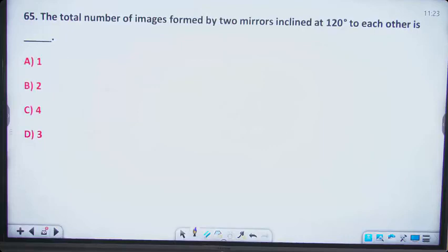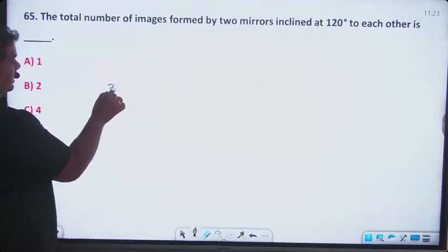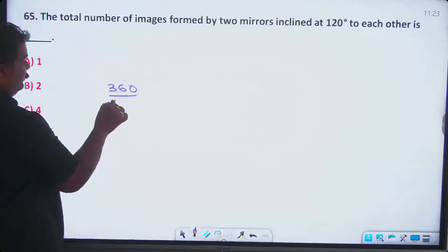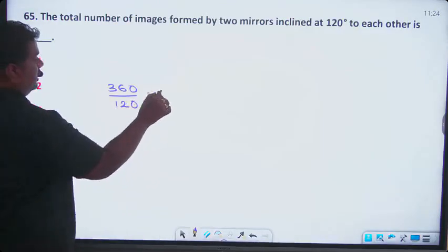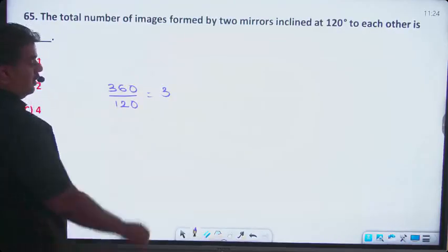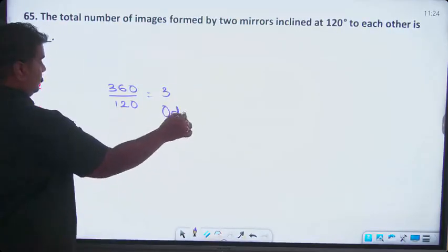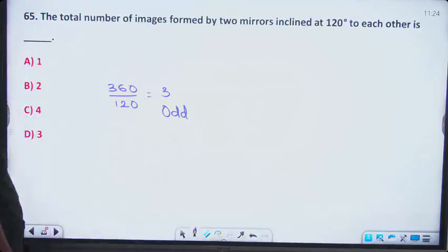Then, the total number of images formed by two plane mirrors inclined at an angle of 120 degrees. So first find the value of 360 by 120. Answer is 3. 360 by theta value is an odd number, so there is no need to subtract 1. That is the reason why N equal to 3.